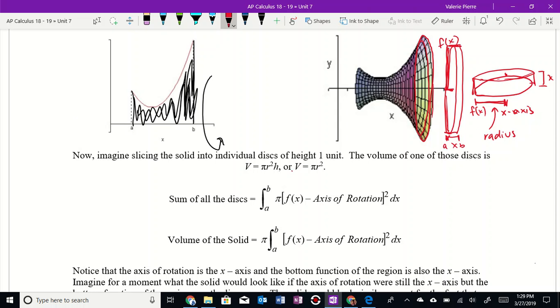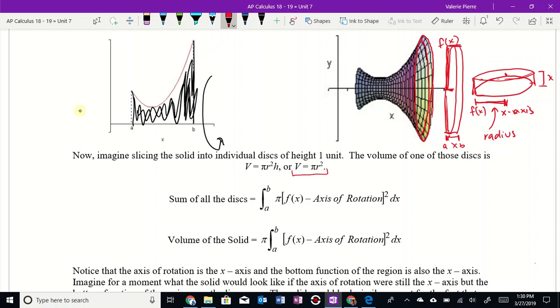So knowing that information, knowing that the volume of a cylinder like that is pi r squared h, where h is 1 unit, so we're saying that x is just 1 unit. We don't know how long that 1 unit is. It's just 1 unit in our case.